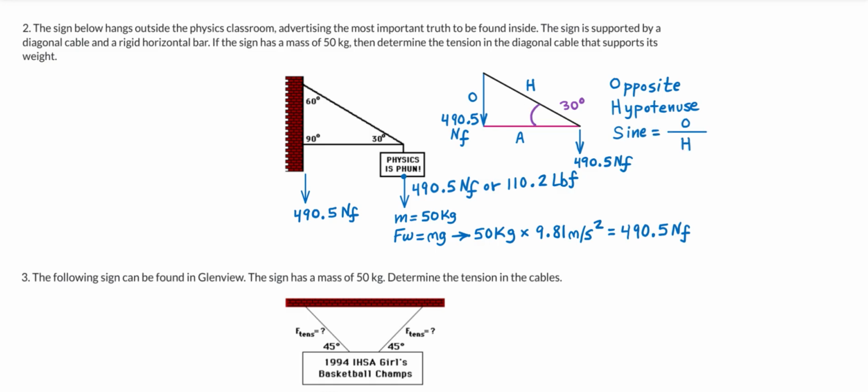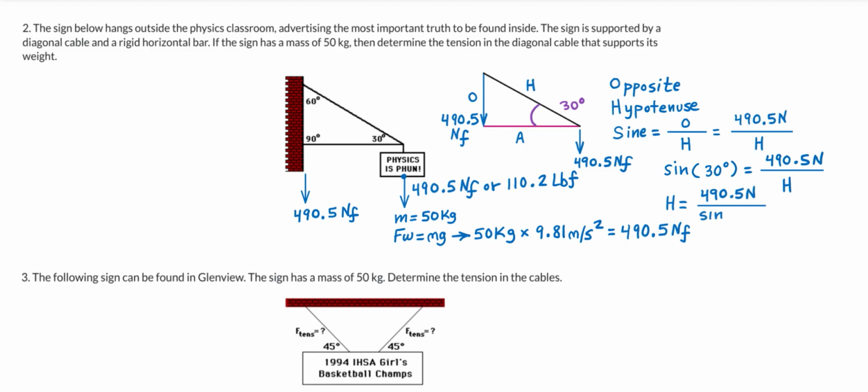So sine is opposite over hypotenuse. So we divide 490.5 newtons into H. So then we can equal the sine of 30 degrees into the ratio of 490.5 over H. So all we have to do is just swap the H to equal 490.5 divided into the sine of 30.